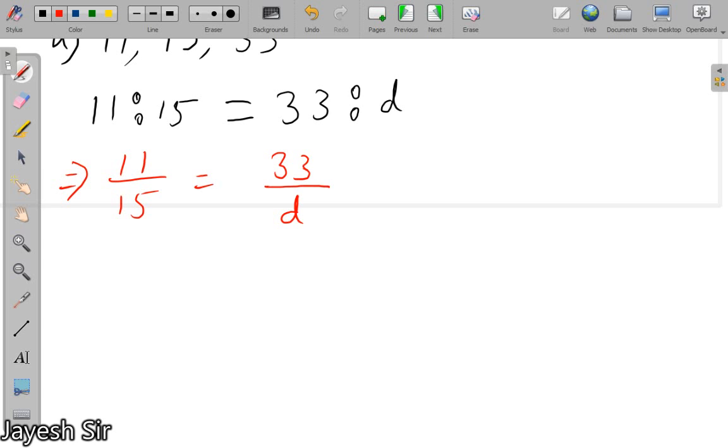It is already in its simplified form. So what we do is transport D to the LHS. So this is 11 upon 15 D.